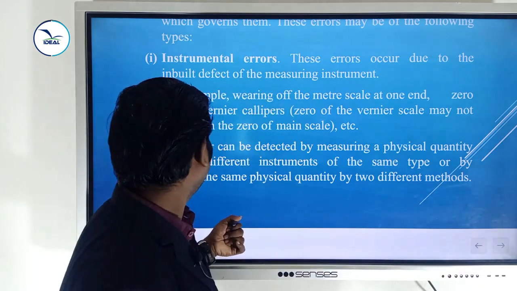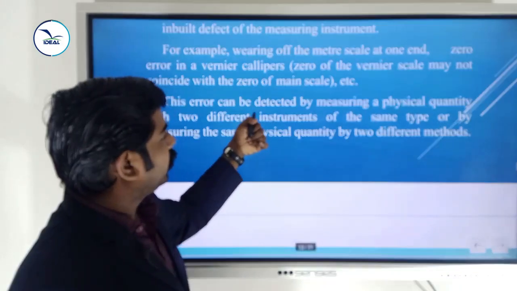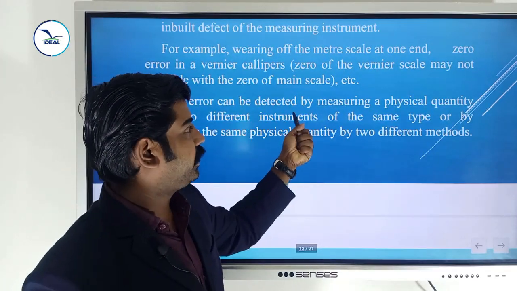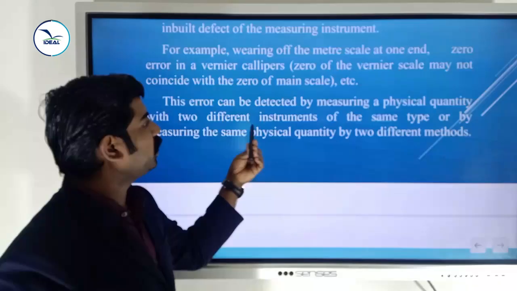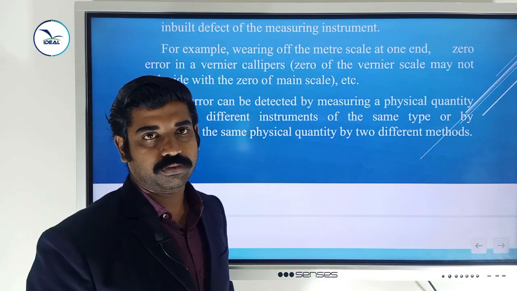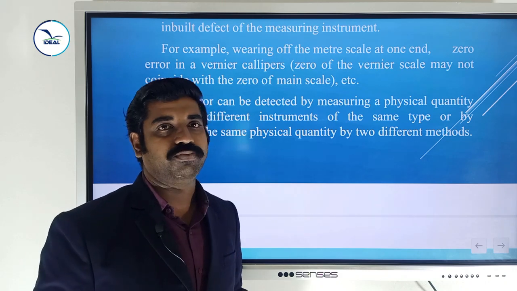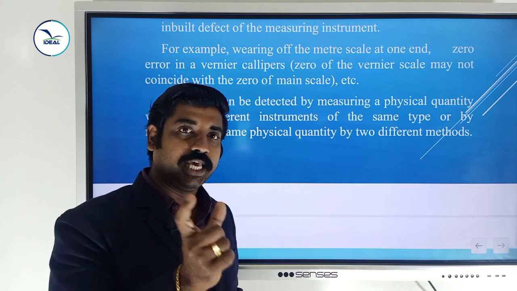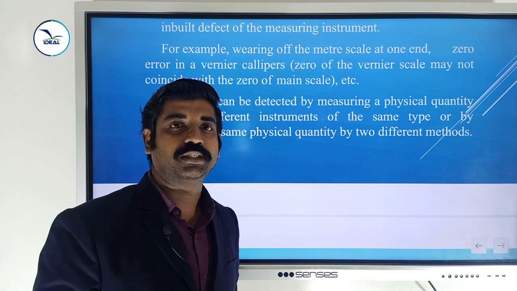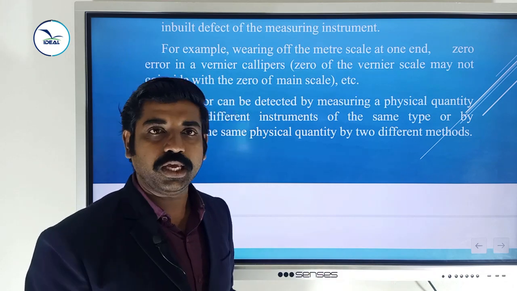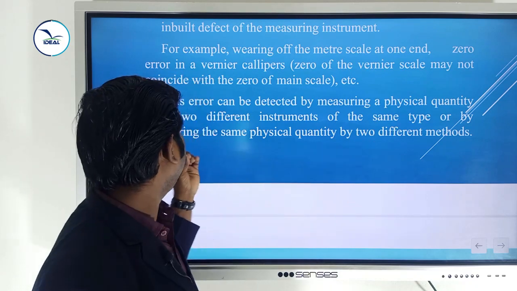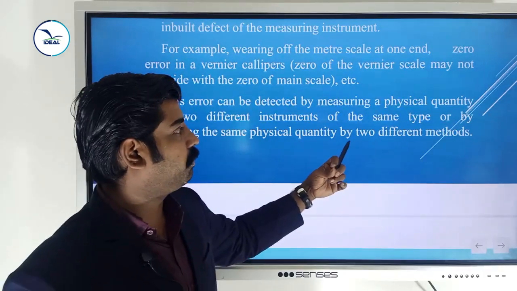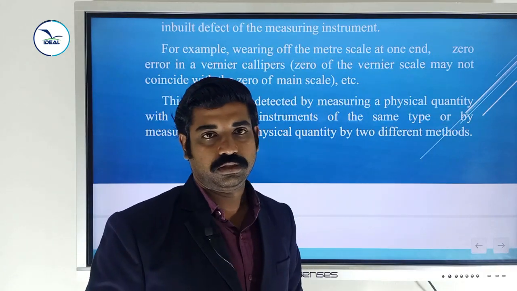This error can be determined or detected by measuring a physical quantity with two different instruments. So this may be avoided if we measure the same quantity using two or three measuring instruments of the same type, or by measuring the same physical quantity by two different methods.